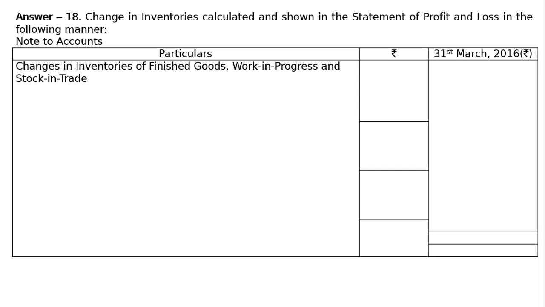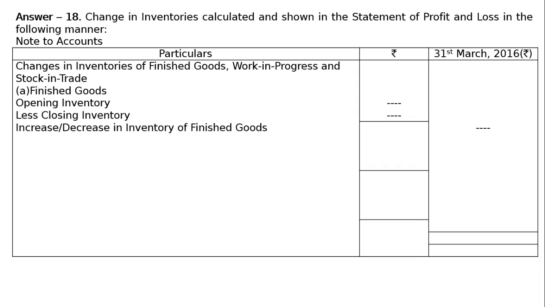First of all, change in inventories of finished goods, work in progress and stock in trade. A part, finished goods, opening inventory less closing inventory. Out of opening inventory, we deduct closing inventory and show it in the final column. That is, the answer is either increase or decrease in inventory of finished goods.